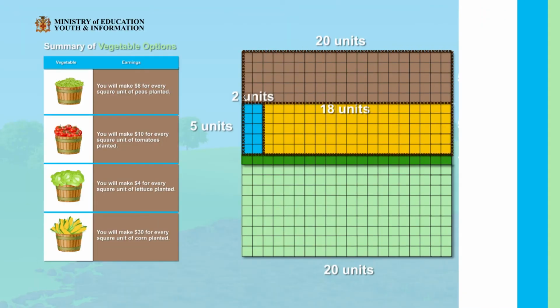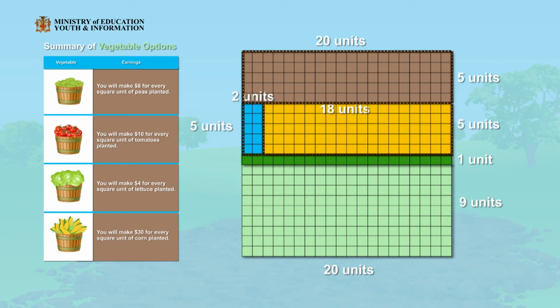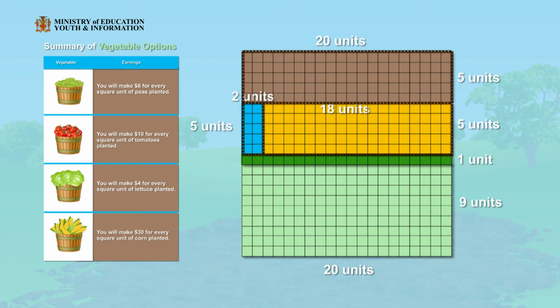Now, for the vegetable farm. For the first patch, I want the vegetable that would earn me the most money. Good idea. So which vegetable will that be? Corn! So I will use the largest portion of the land for corn. Let's make it 9 units by 12 units.